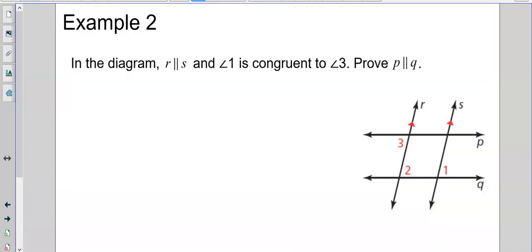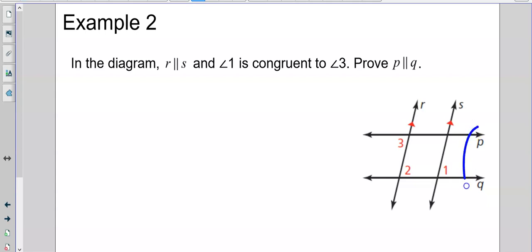So let's do this. Now we're doing an actual proof here. Remember, we did proofs earlier with just basic algebra. We're going to do the same thing. We're always going to be answering why. So in the diagram, R and S are parallel, and angle 1 is congruent to angle 3.